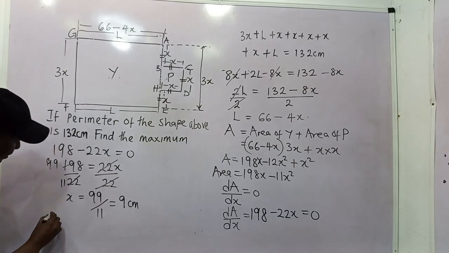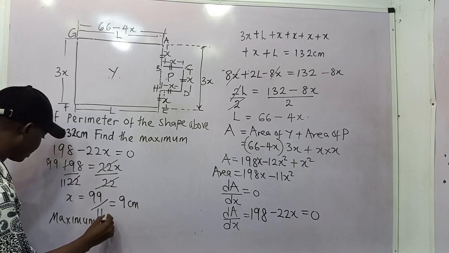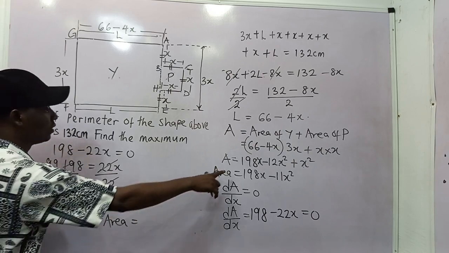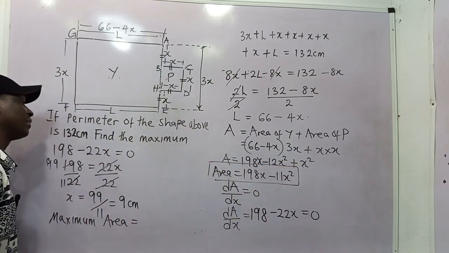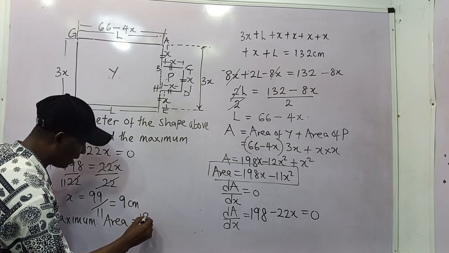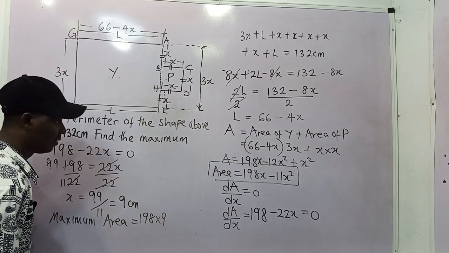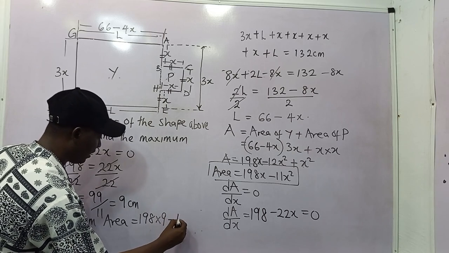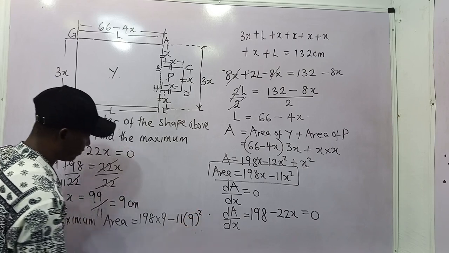So we're going to have the maximum area equal to what? Don't forget, this is our area, so anywhere we see that formula, we put 9 there. What do we have? 198 times 9 minus 11 into bracket 9 squared.